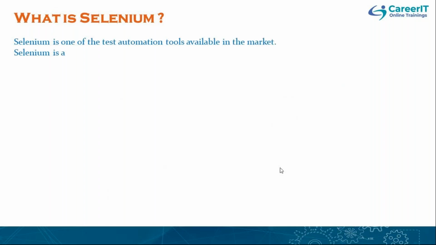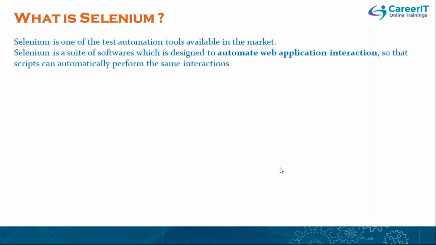Next, Selenium is not a single tool, guys. Actually, Selenium has four different components. That's why we call it a suite of softwares. It is mainly designed for automating web application interactions, so Selenium can automate only web application interactions. A web application is the application which we open through a browser using the internet.